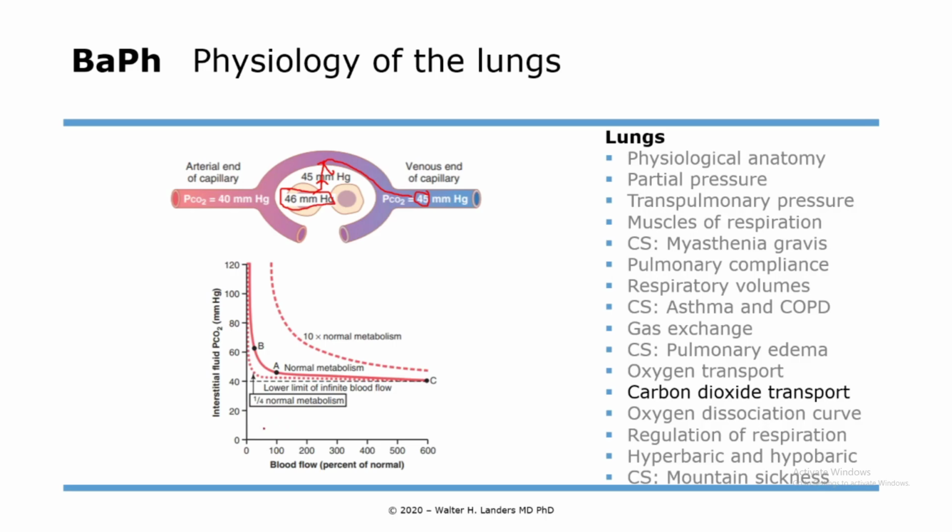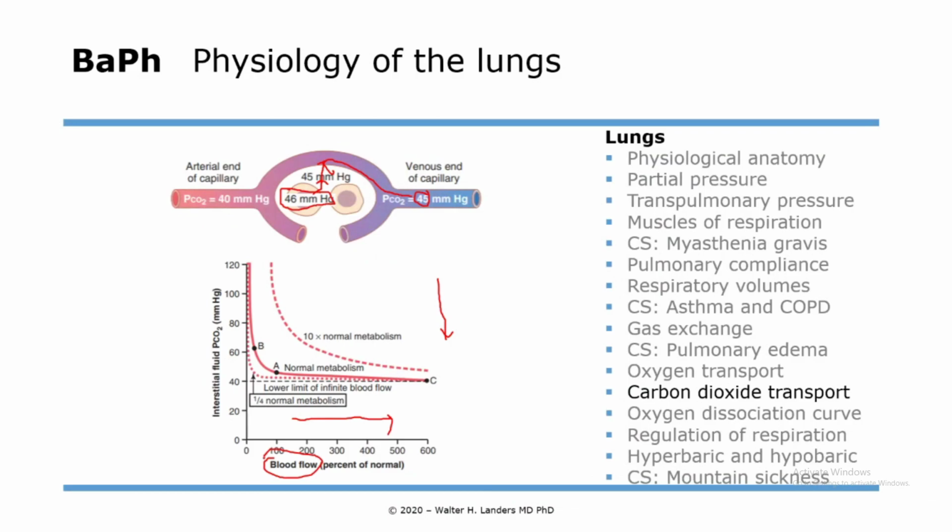And now what you can see is that when blood flow increases, the PCO2, or the partial pressure of CO2, goes down. And so if there's a high CO2 level, which can be caused, for example, by exercise, then blood flow will go up towards these organs.